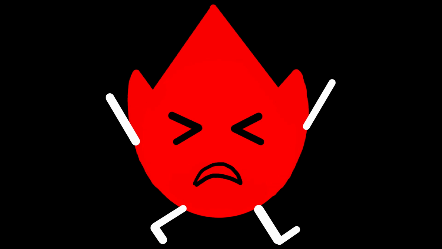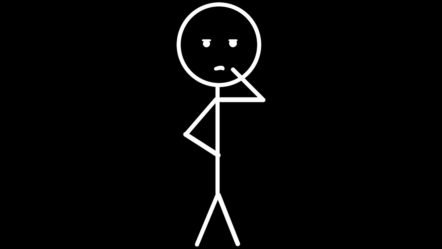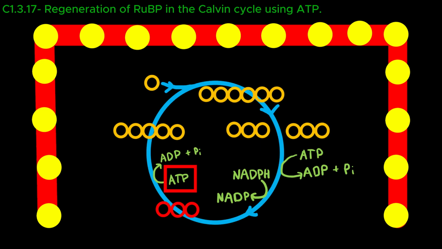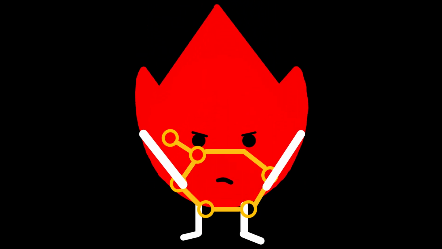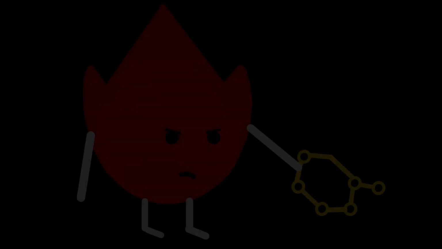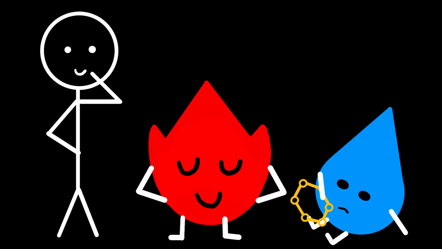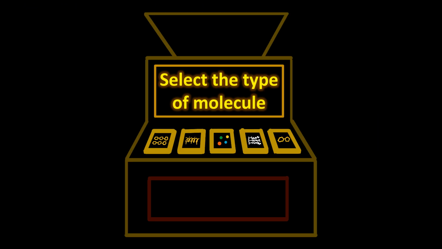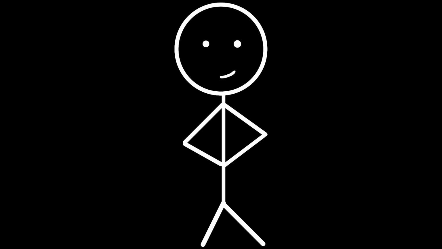Finally, we need more. Put the 5 triose phosphates back into the machine. Insert ATP. Another one, put the rest back in the cycle. Join 2 together to make glucose. Another glucose molecule. Another one. Do you want cellulose, amino acids, fats, sucrose, or just plain glucose? I'll have an amino acid.